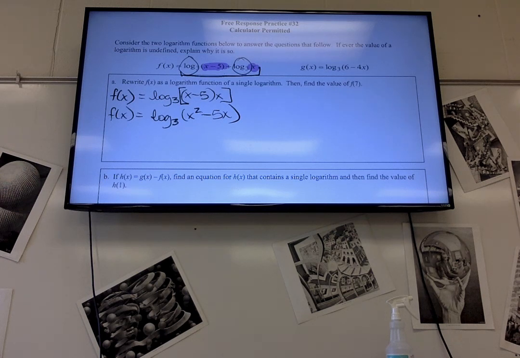Okay, then we're supposed to find the value of f of 7. So we just plug 7 in. We got log base 3 of 7 squared minus 5 times 7.